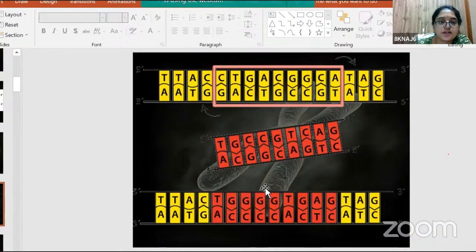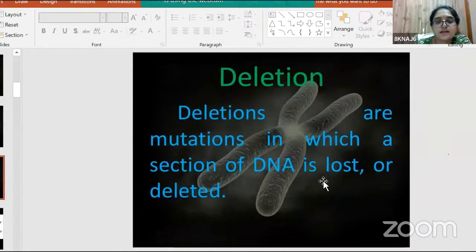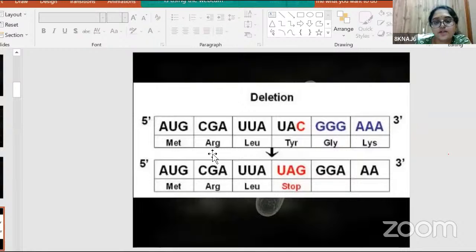So this is an inversion that is occurring. And deletions are mutations in which a section of the DNA is lost. When this happens, you can have a stop codon, and the protein sequencing will be stopped altogether, so you're not going to get a malfunctioning protein as such.